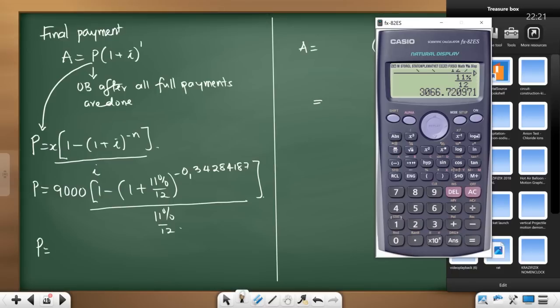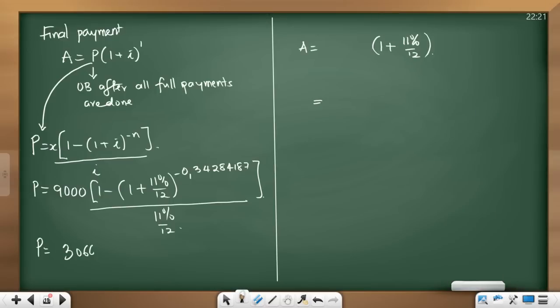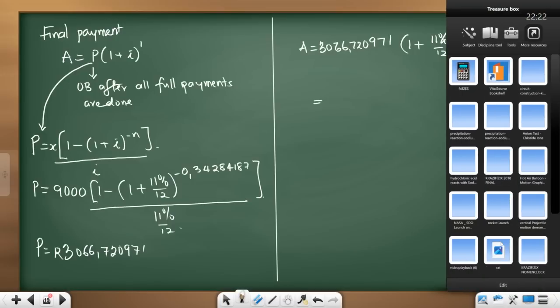70. If you want to get a perfect answer, because I'm not done, I will write the whole answer. So it's 3066 720 971. Then you take that answer and bring it right here, because that money must grow. Use your answer button on your own calculator. What will my answer be?